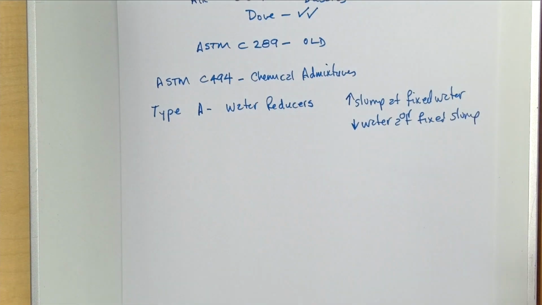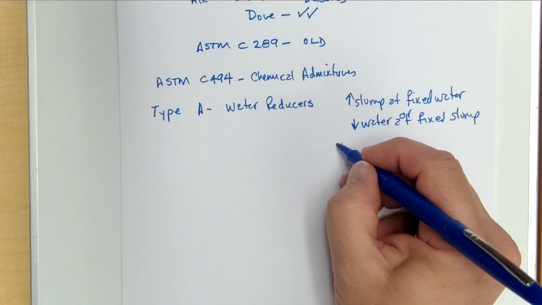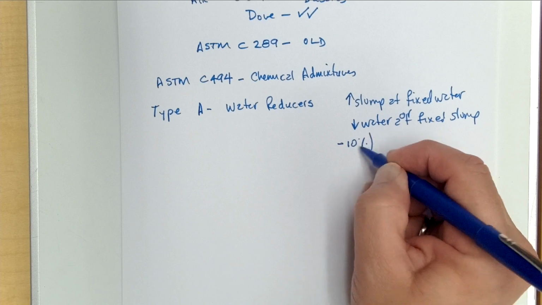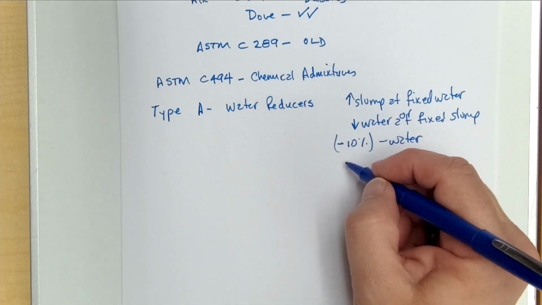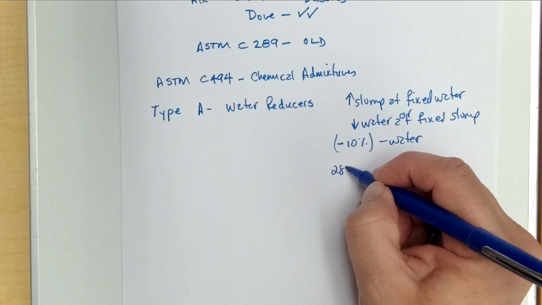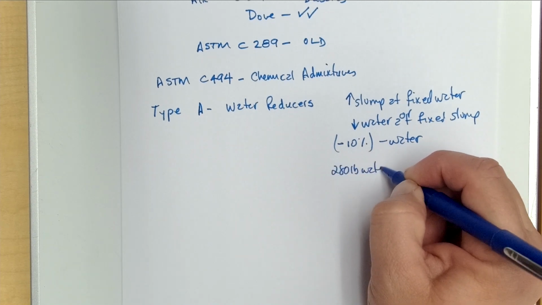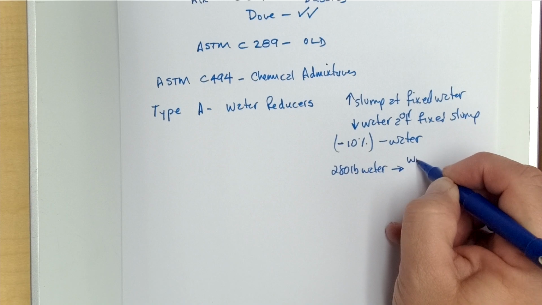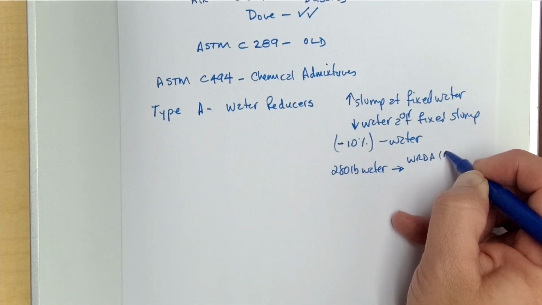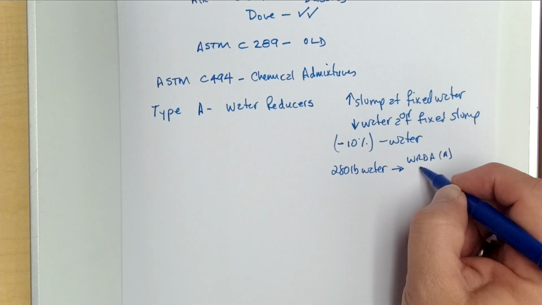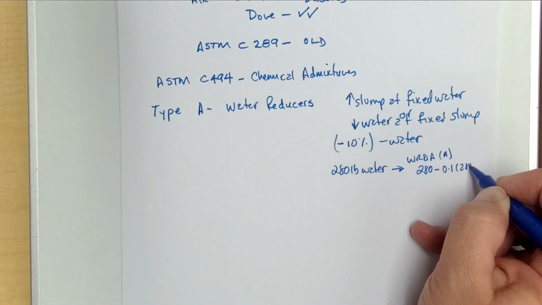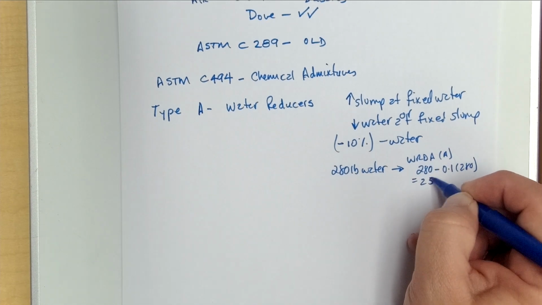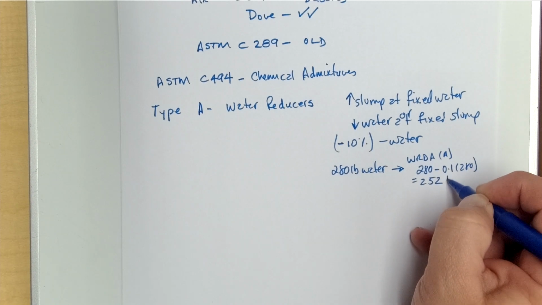And so the way we would handle this in our mix design is we'd say our water reduction is minus 10%. So if I look up at our table and we need 280 pounds of water, well, if we're going to use a water reducer, a type A, we would only use 280 minus 10% of 280, which is 252 pounds.